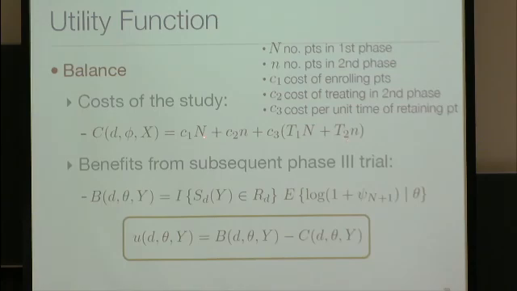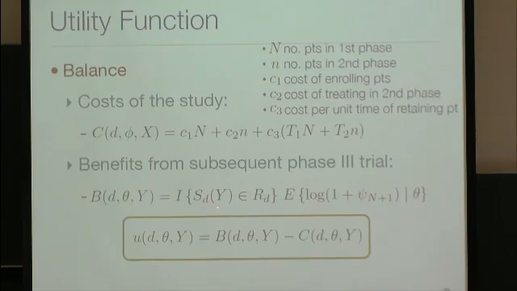So the key design parameters are n, the number we're going to enroll, the duration of follow-up during the open label phase, and the duration of follow-up during the post-randomization phase. The benefits we're going to parameterize as a benefit arising from a subsequent randomized phase 3 study that shows that's a positive study and shows a treatment effect.